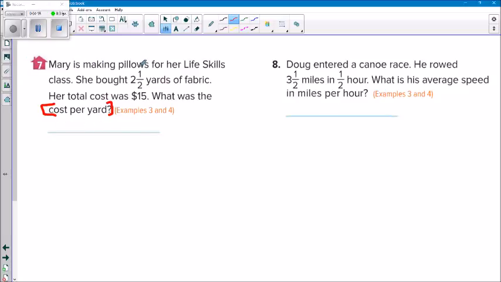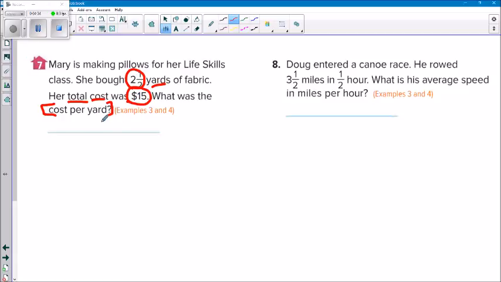So we read, Mary is making pillows for her life skills class. Nothing there. She bought 2.5, there's a number we have to circle, 2.5 yards of fabric. Her total cost was $15. We've got what we need.